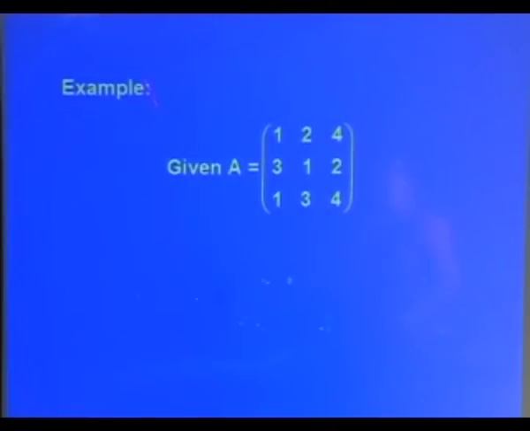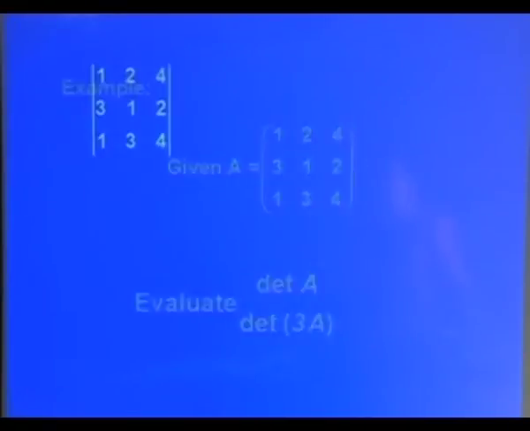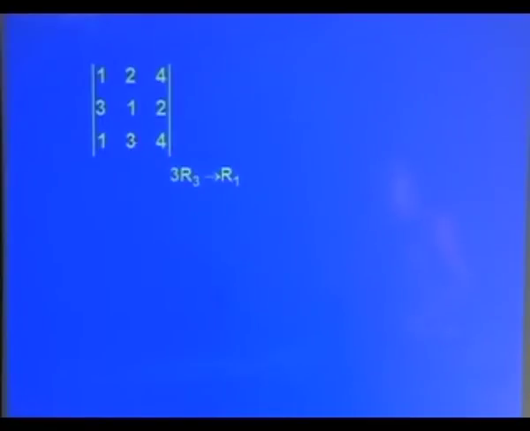Let us take a given matrix A. If you have to evaluate this 3 by 3 matrix, one way is to evaluate this element multiplied by its minor, minus this multiplied by its corresponding minor, plus this multiplied by its corresponding minor, but that will require a lot of computational effort.